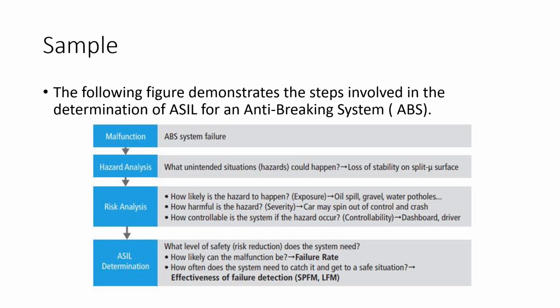That is the failure rate, and how to mitigate it. How often does the system need to catch it and get to the safe situation? That is the effectiveness of failure detection. We have multiple combinations of failures, so based on SPFM and LFM we determine the effectiveness of the failure detection.